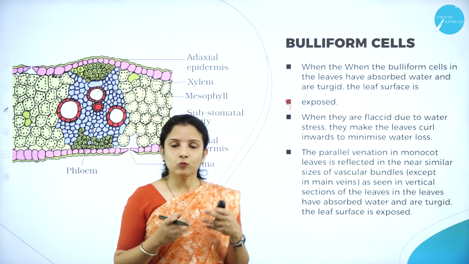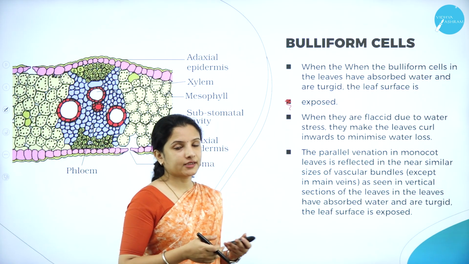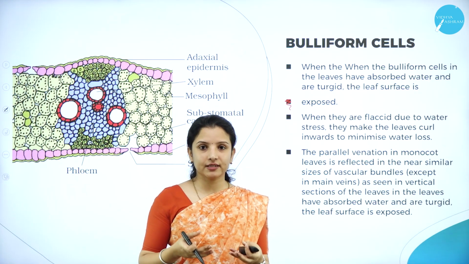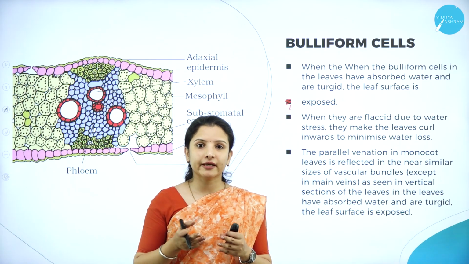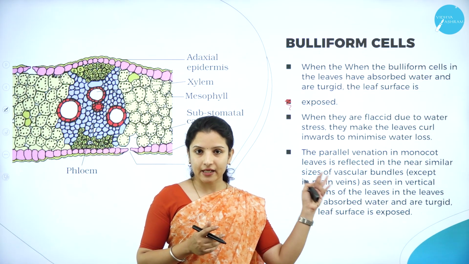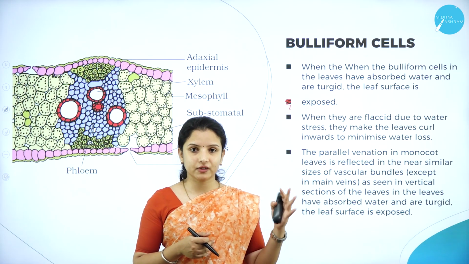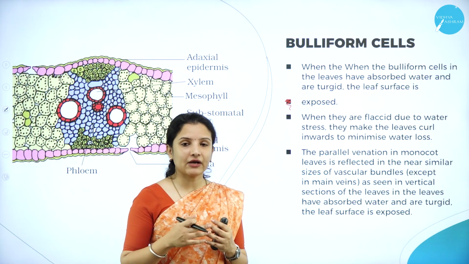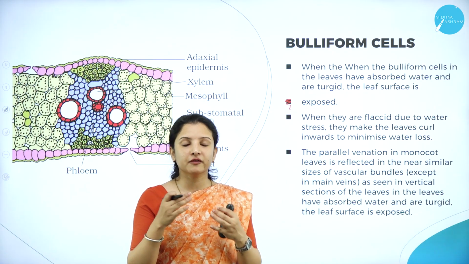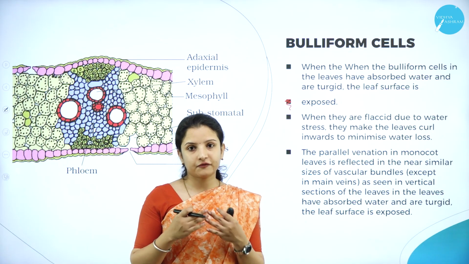Now we shall study the function of the bulliform cells. The bulliform cells appear just like a bubble, bulged and colorless, and they are present on the adaxial epidermis, the dorsal surface of the leaf. They have a major function in preventing water loss from the plant.